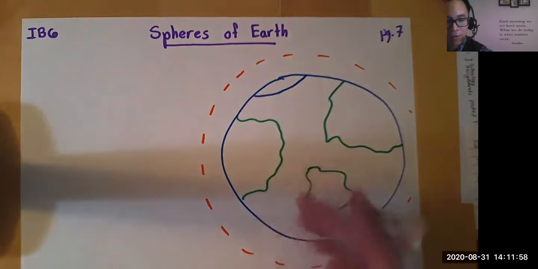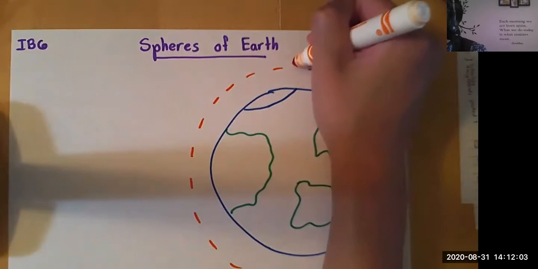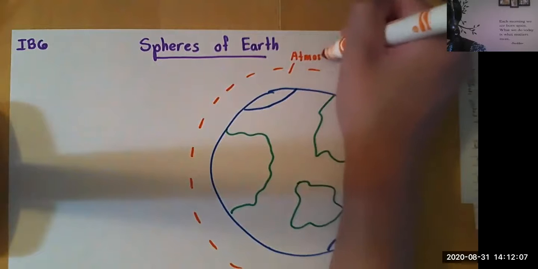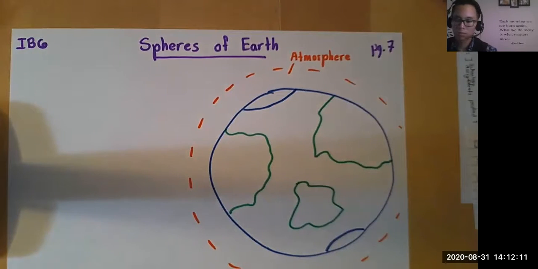Now this atmosphere, I'm going to write it up here, is going to become really important for us, but I wanted to introduce it to you guys today. It is a protective, life-saving layer of ozone.